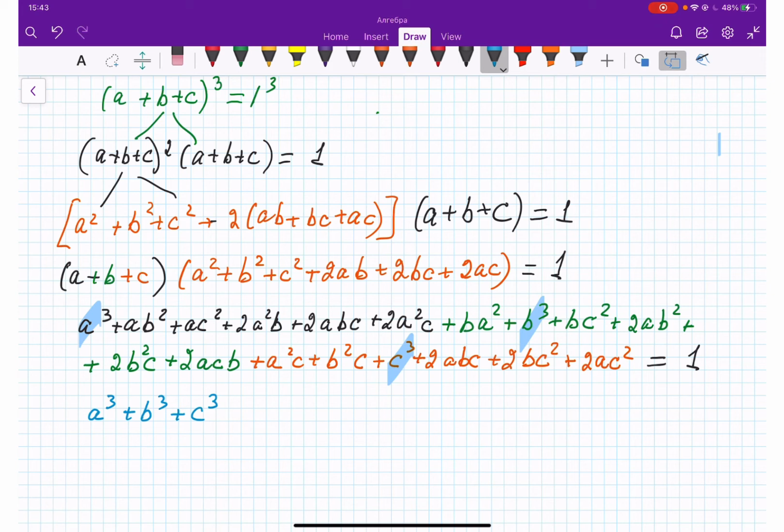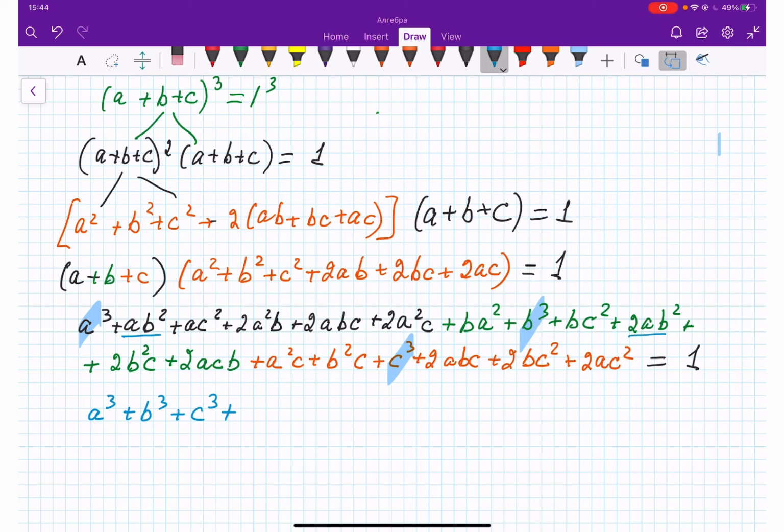Next, plus, I'm going to combine like terms. We have AB squared, and where else? I have 2AB squared right here.